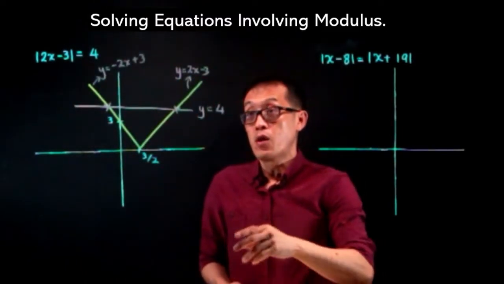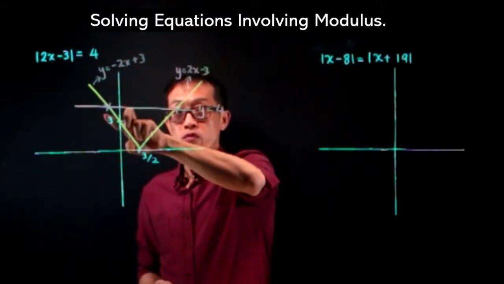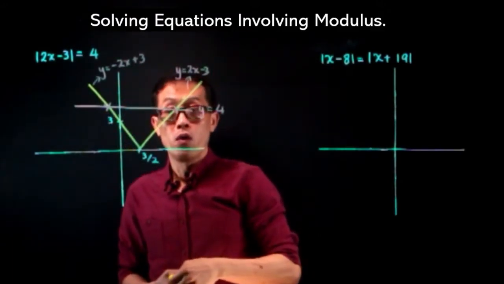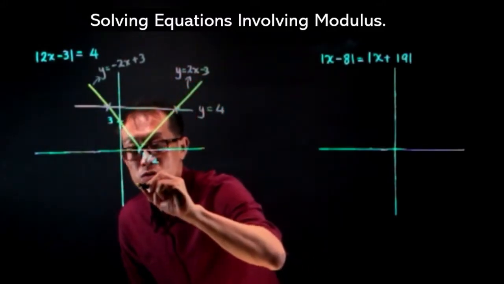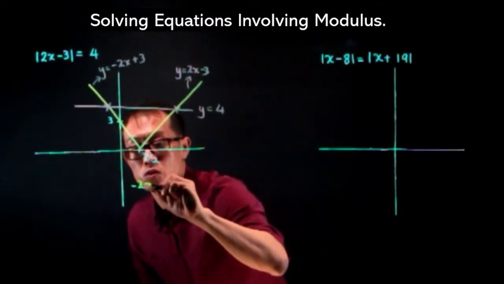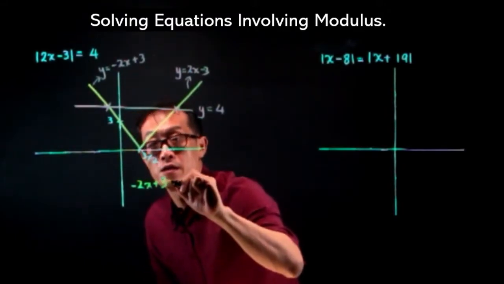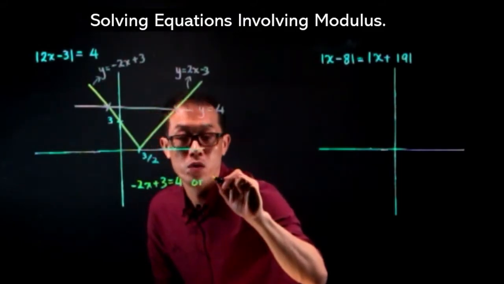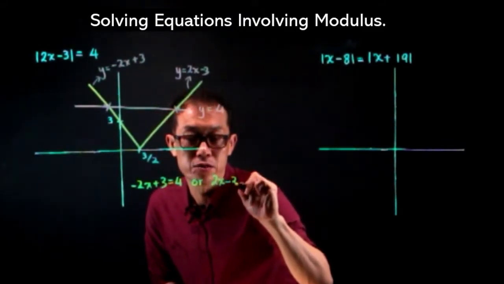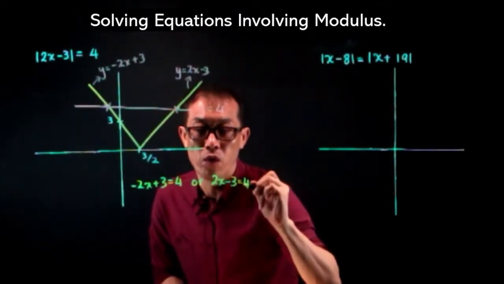Now, to solve this, all you need to do is equate this to 4 and equate this to 4. So you have minus 2x plus 3 equals to 4, or 2x minus 3 equals to 4.